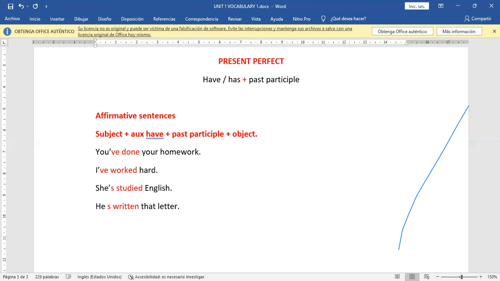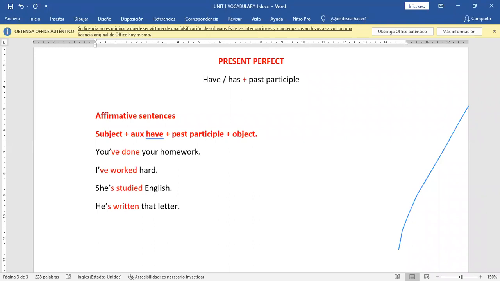He's written. What is contracted? It's contracted has. It's not the verb be. Don't confuse. He has written. He's written that letter. It's possible to use contractions.